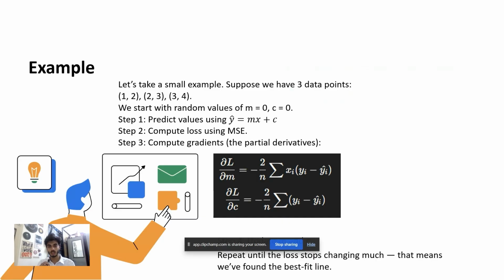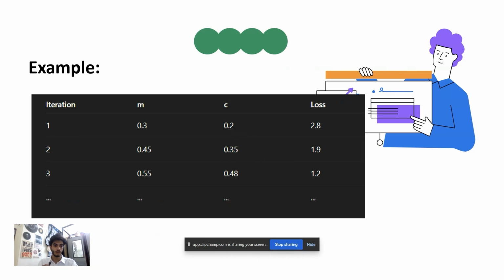What we mean here with the statement that loss stops changing much is that the difference between the consecutive losses is not high enough. For example, for the taken example points, we have for the first iteration m equal to 0.3, c equal to 0.2, and loss is 2.8.